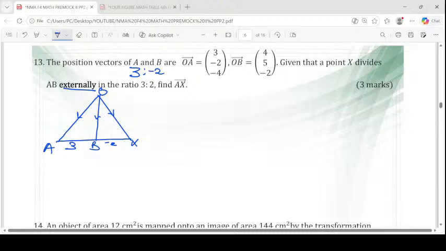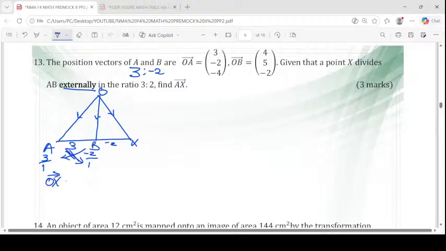So this will be 3 over 1, negative 2 over 1. Then we are going to swap them this way. Find AX, not even OX. First I want to get OX, to find AX.